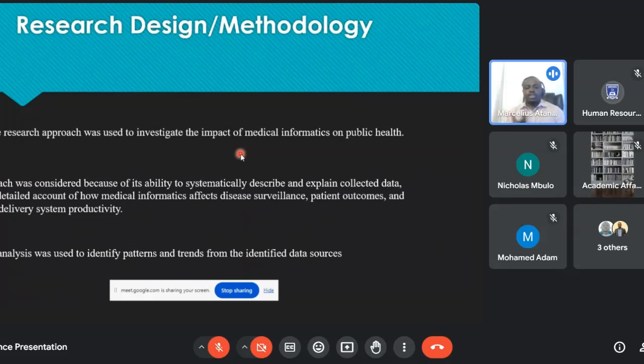We consider this approach because it has the ability to systematically describe and explain collected data, which gives us a detailed account of how medical informatics affects disease surveillance, patients' outcomes, and healthcare delivery system productivity. Now, we will use thematic analysis. There's one software called NVivo. So we're going to use NVivo to do our thematic analysis.